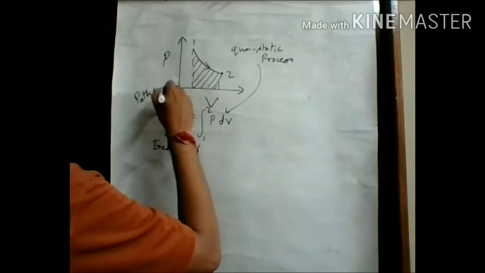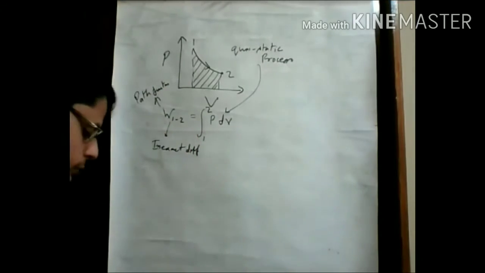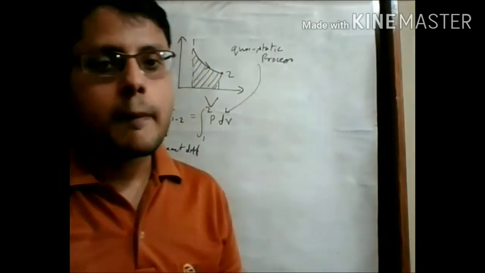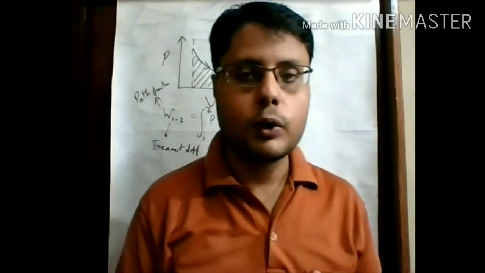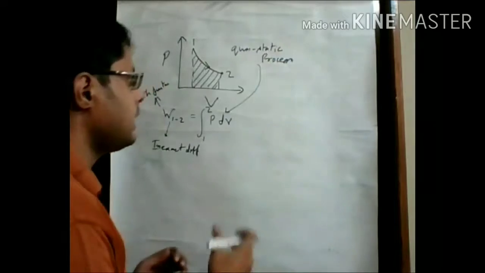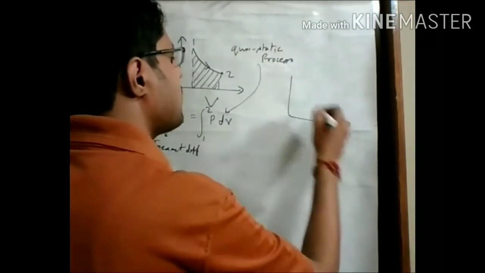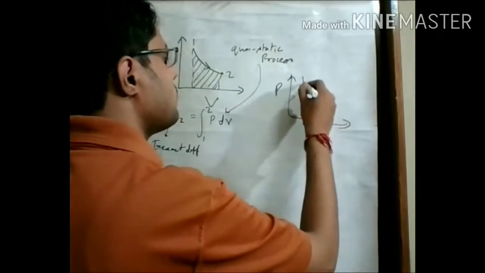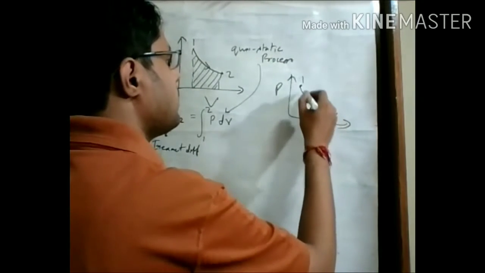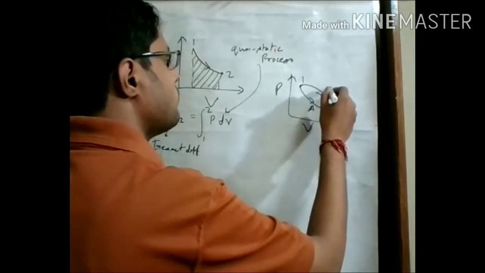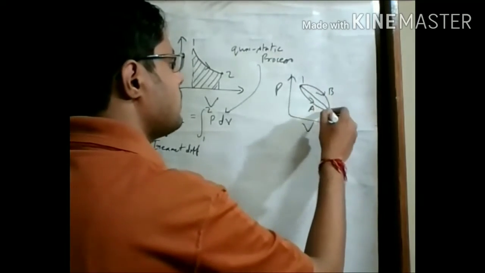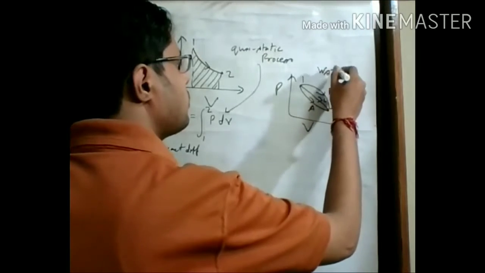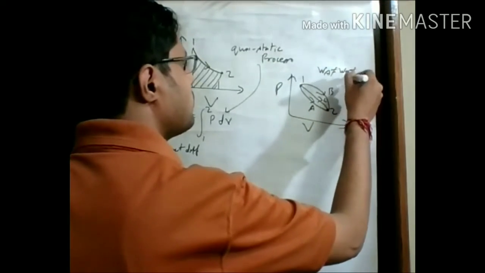That means between the same initial and final conditions, work may be different, because if we go from 1 to 2 through path A, path B, or path C, then WA is not equal to WB, not equal to WC.